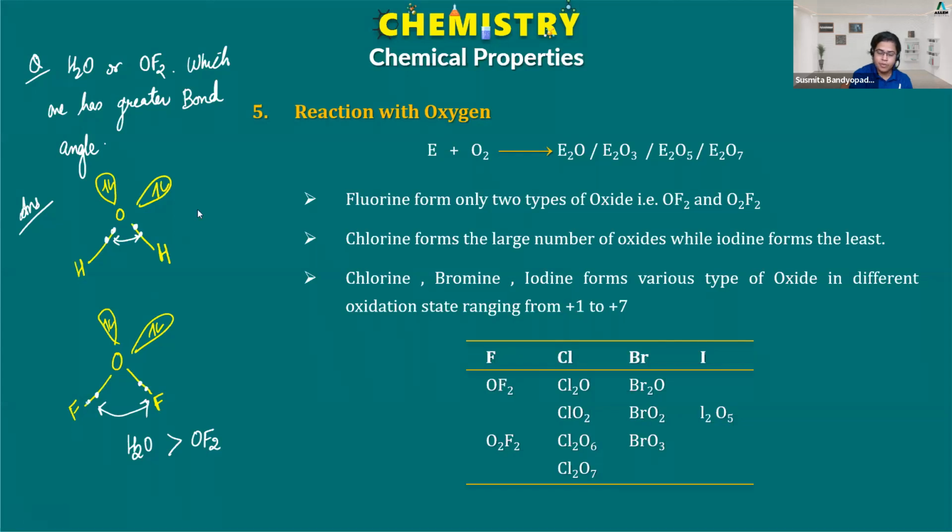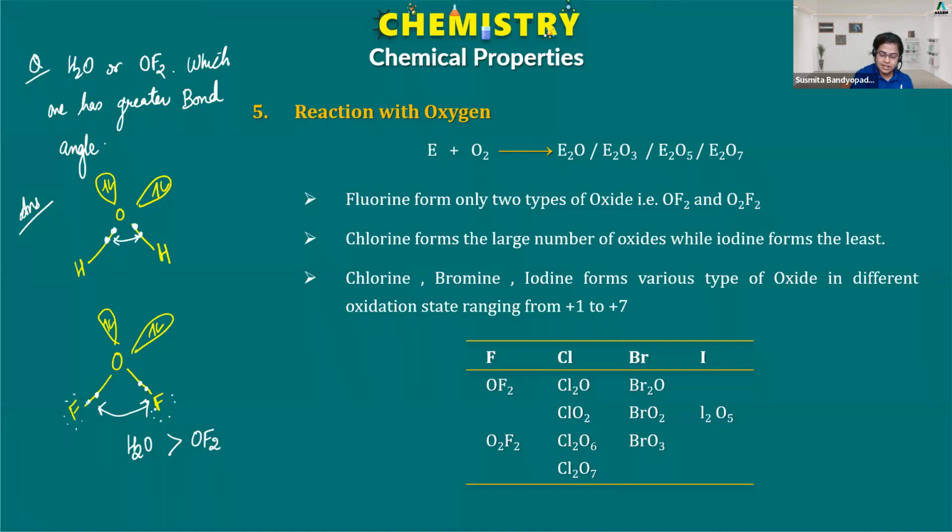What about the lone pair on fluorine? It will remain like that. It will be there. I've just not drawn. But I'm talking about the bond pairs, OF bond pairs, OH bond pairs. So here the bond pairs are quite close. So when they are quite close, they will face more bond pair repulsions.